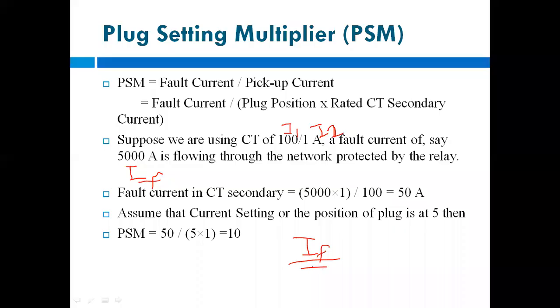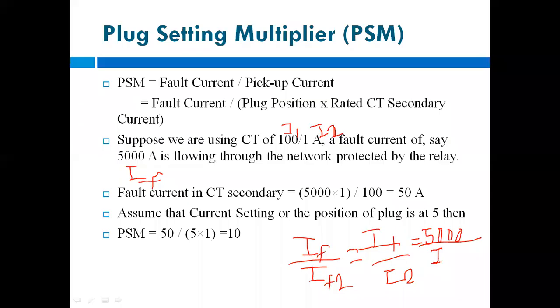I want to find, so here I'll consider the IF in secondary, that is IF2, which is equal to I1 divided by I2. So it is equal to your fault current, which is 5000 ampere, divided by your IF2, which you have to find.